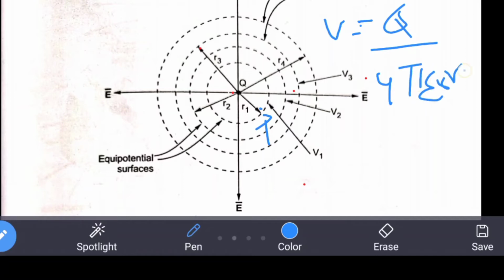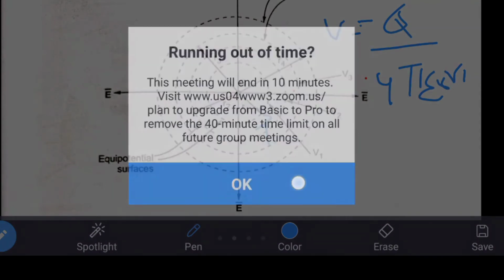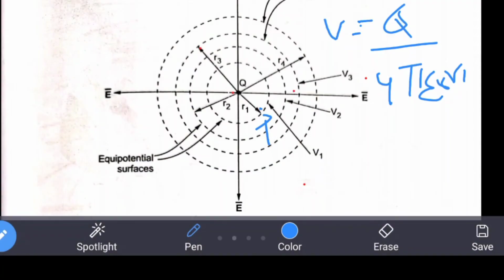All the points which are at distance R from the point Q have the same potential. If you consider any point here or here, around this charge at a distance R, the potential is the same.